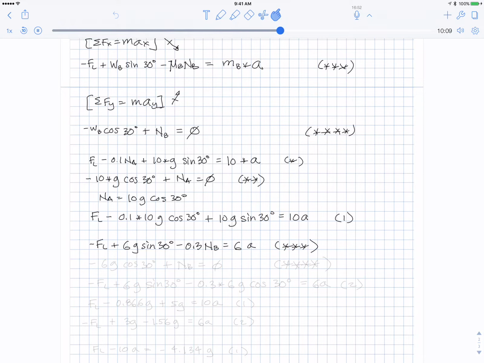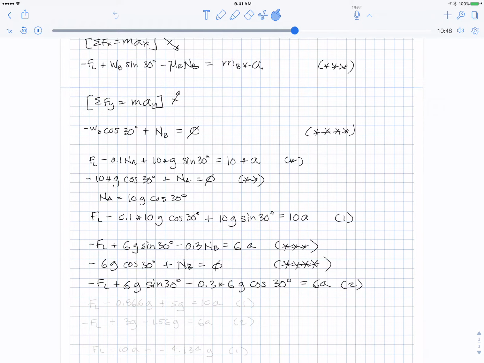Equation 4, we get minus 6G cos 30 degrees plus NB equals 0. I'm going to put equation 4 into equation 3, and so NB is 6G cosine 30. So we get minus FL plus 6G sine 30 degrees minus 0.3 times 6G cos 30 degrees equals 6A.